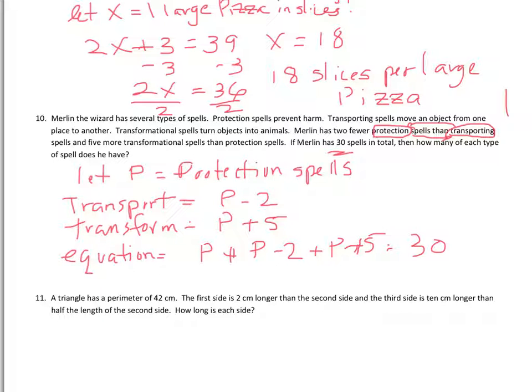I can combine my like terms, and I get 3P plus 3, because negative 2 and 5 equal 3, equals 30.